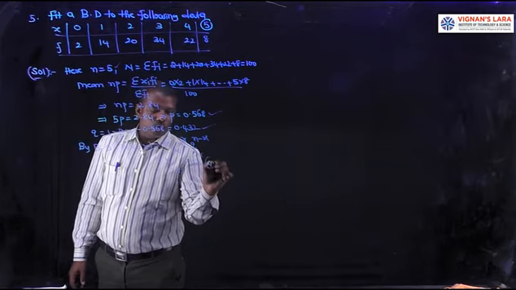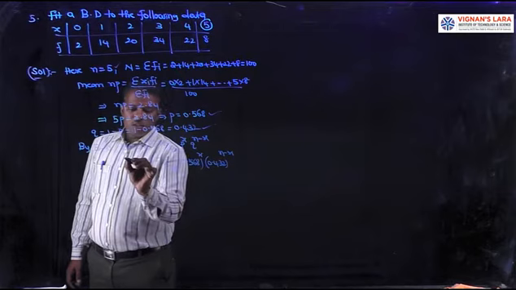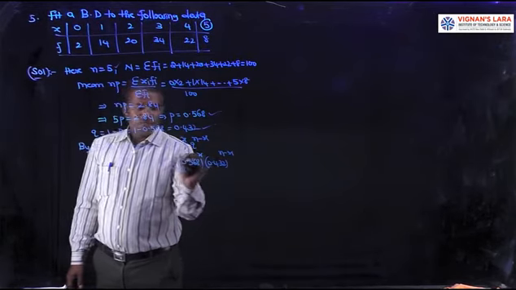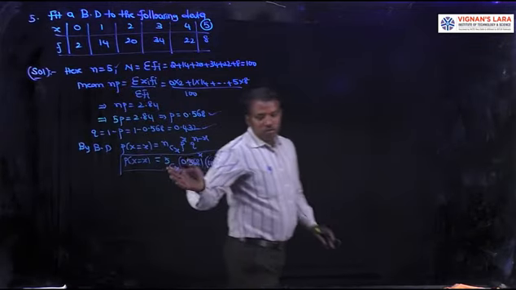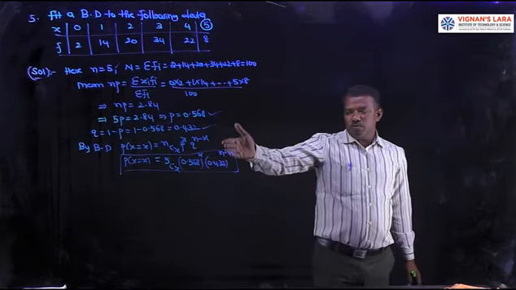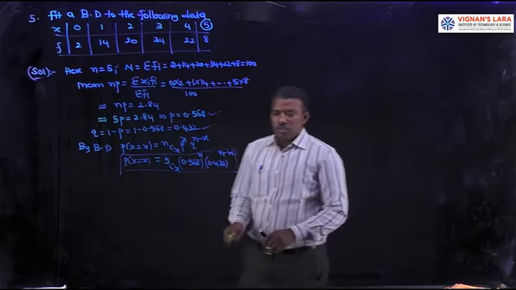What about q? 0.432 whole power n minus x. This is the value of P of X equal to x. By binomial distribution, P of X equal to x is 5Cx, 0.568 whole power x, 0.432 whole power n minus x. Then construct the binomial distribution table.